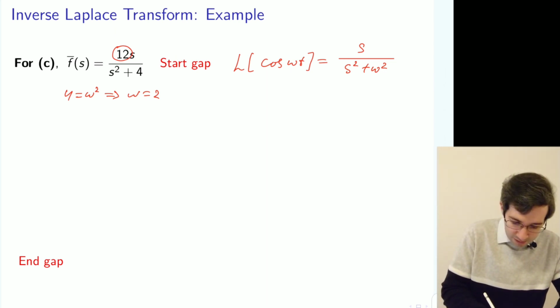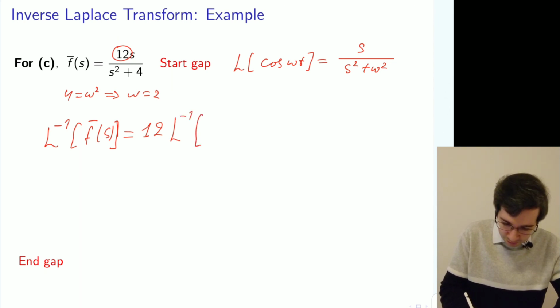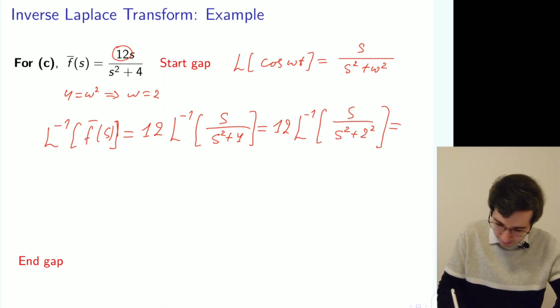We can write that the inverse Laplace transform of that function is 12 times the inverse Laplace transform of S over S squared plus 4, which is 12 times the inverse Laplace transform of S over S squared plus 2 squared, and that is 12 cosine 2t, and that is the answer.